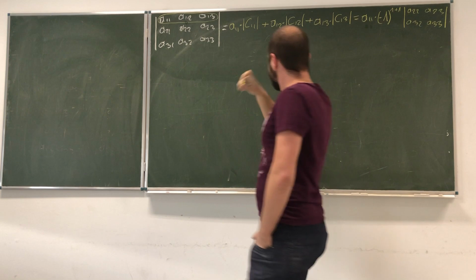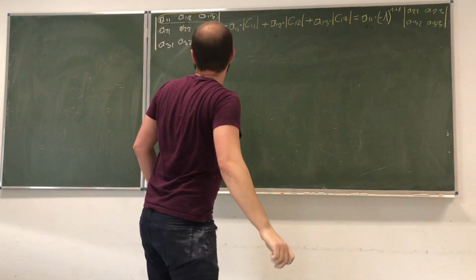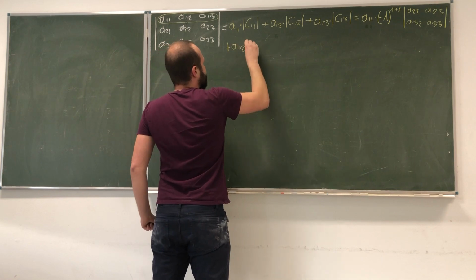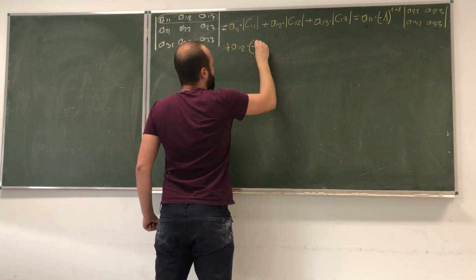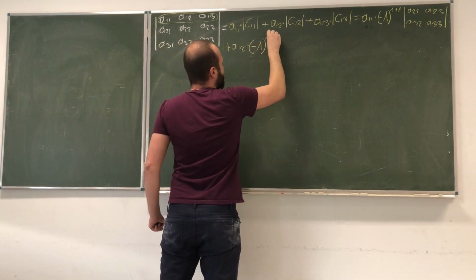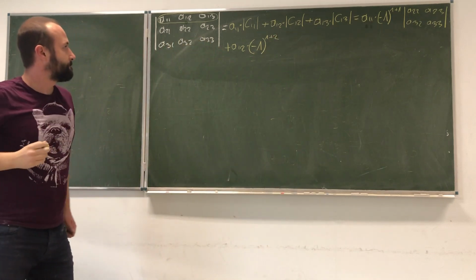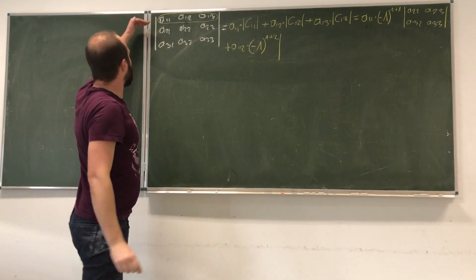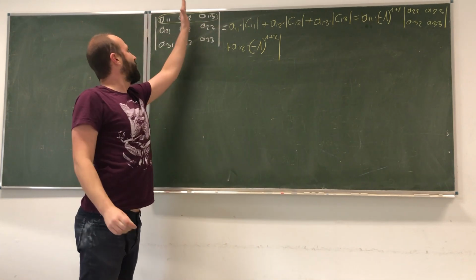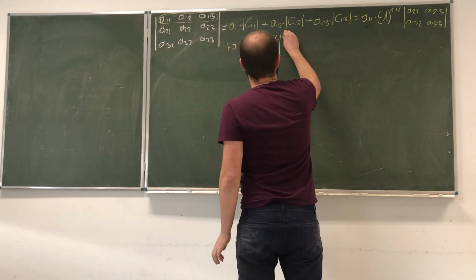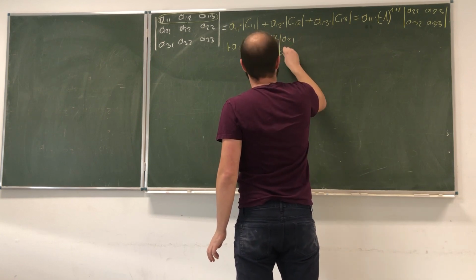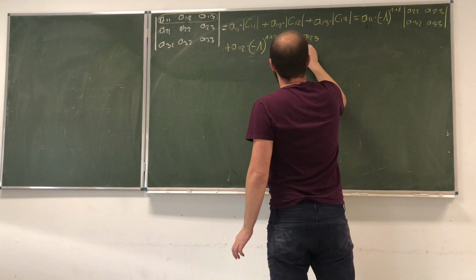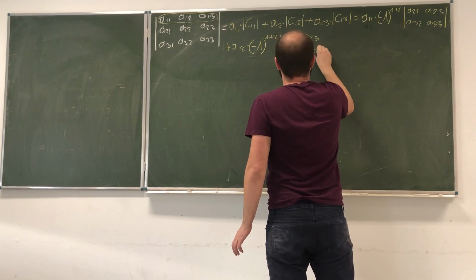Then I need to add to it A12 times negative 1 to the power 1 plus 2 times the minor. So I delete now the first row, second column, I get A21, A31, A23, A33.